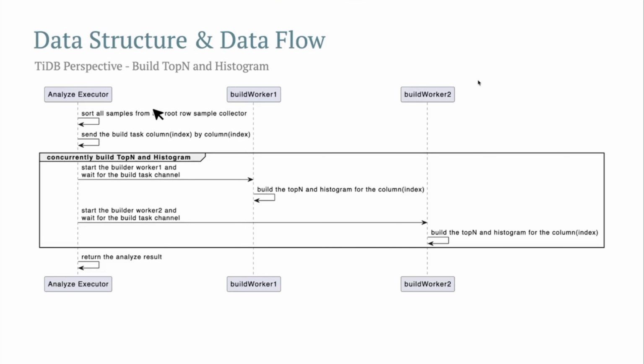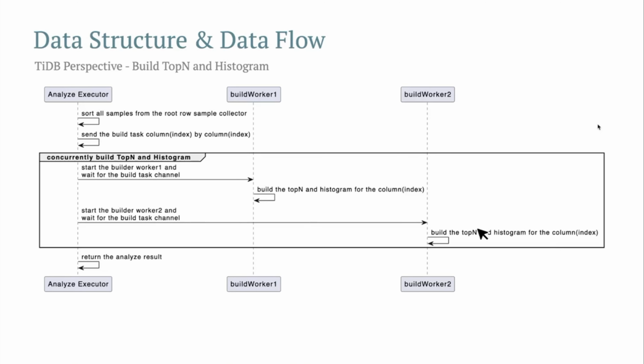Next, we dispatch the build task for each column and each index. We then initialize the builder workers, start them, and wait for their completion. For each column and each index, we'll build the TopN and the histogram data structure. Basically, we do some calculation and build those data structures in memory.